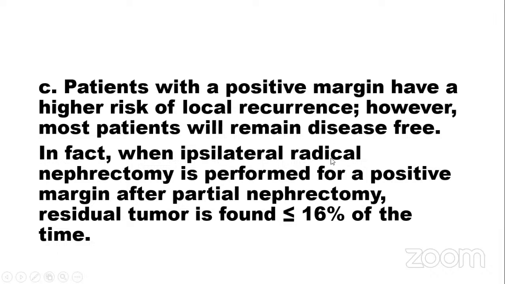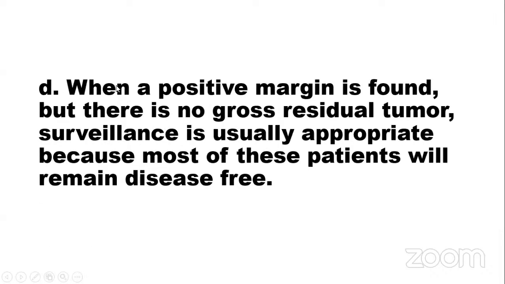In fact, when ipsilateral radical nephrectomy is performed for positive margin after partial nephrectomy, residual tumor is found in less than 16% of the time. When the positive margin is found but there is no growth or residual tumor, surveillance is usually appropriate.